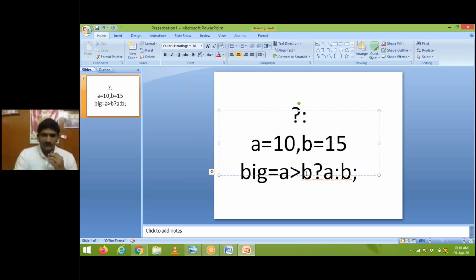Okay, so 10 is greater than 15, the condition is false. So whenever the condition is false, expression 3, that means the value of b, is evaluated into big. That means here this is expression 1, this is expression 2, this is expression 3. If expression 1 is true, then the value of expression 2 is evaluated on the left side. Here expression 1 is false, then the value of b is stored in the big variable.